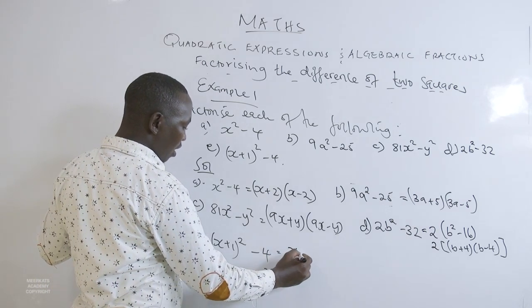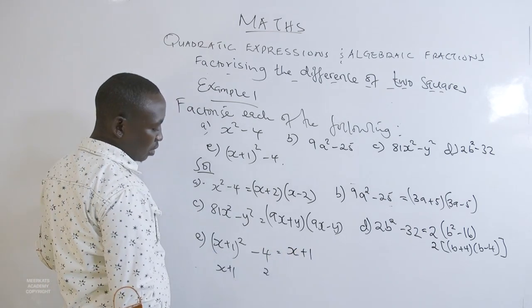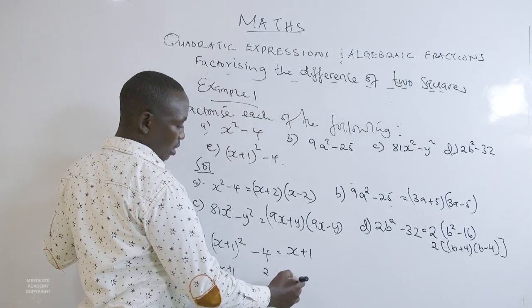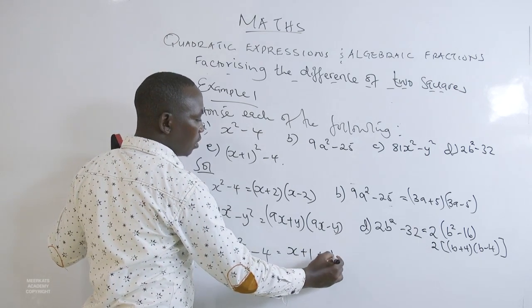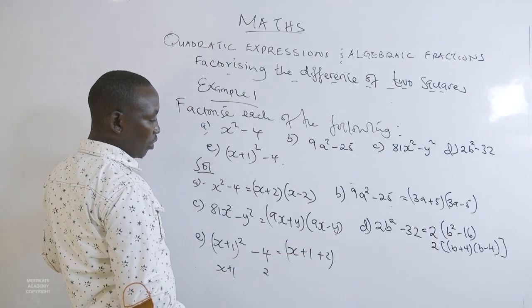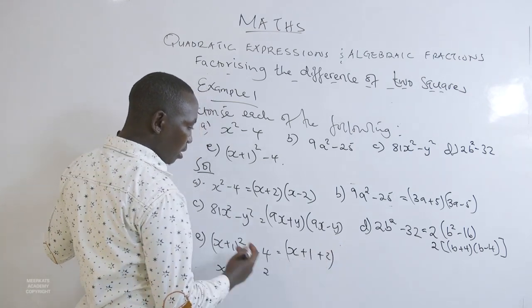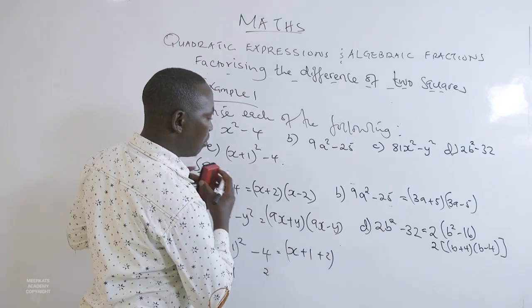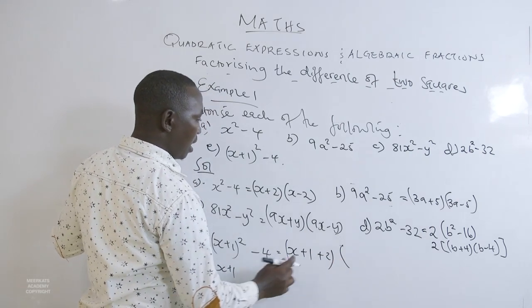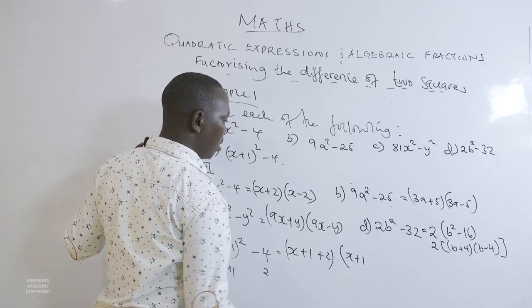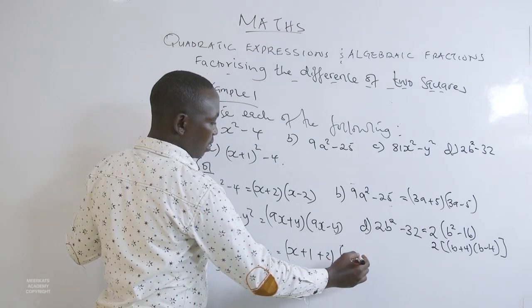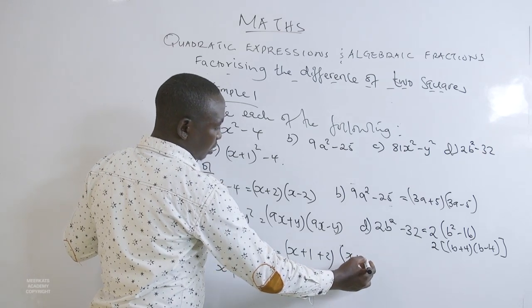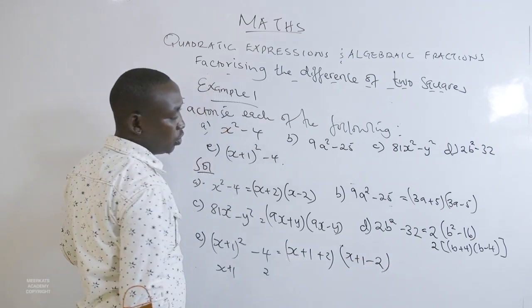The first one, we're going to have x plus 1 plus 2, the whole of it multiplied by x plus 1 subtract 2.